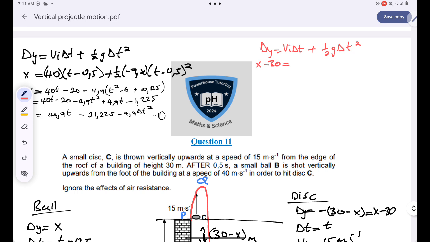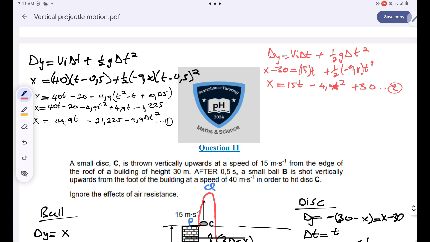X minus 30, the initial velocity, that's 15, the time, that's t, so 1 over 2 negative 9.8 times t squared. So x is equal to 15t minus 4.9t squared plus 30. This is just equation 2.